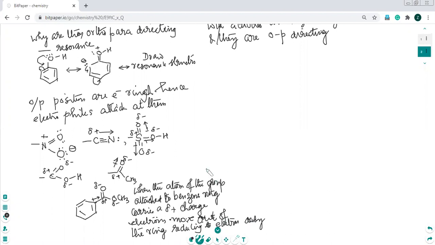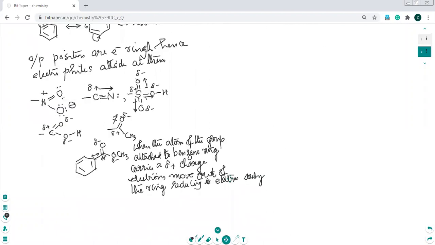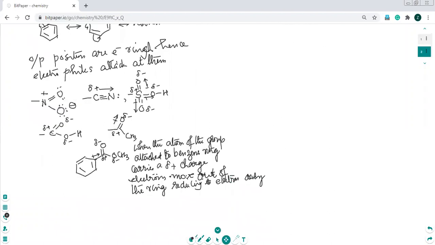So when electron density is reduced, hence it is deactivated.